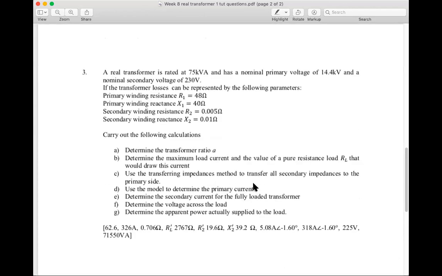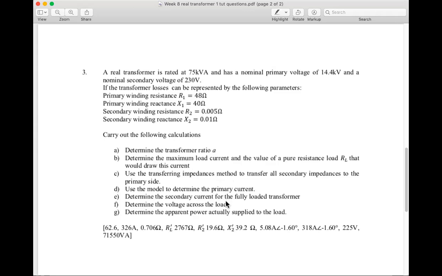Real transformer. So you're being asked to do more or less what we've just done. 75 kVA, primary voltage 14.4 kV, secondary 230. Find the ratio, load current, load resistor, transfer and impedance methods.